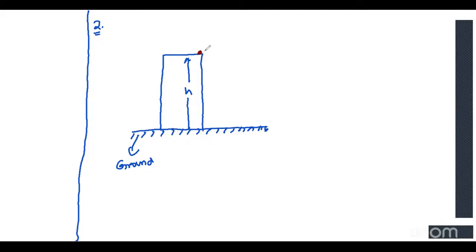It is projected vertically upwards, reaches a height and then comes to the ground. I am considering this point as A, this point as B, here it is C, and this point is D.